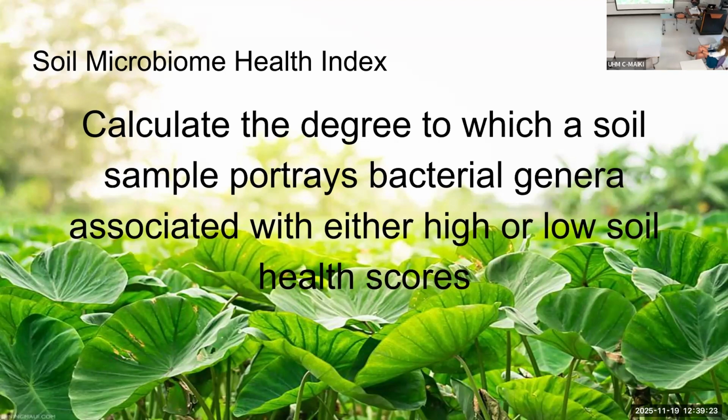So for one sample, we'll calculate a number without a unit, similar to a scoring function, that will tell us if the microbial community of that one soil sample resembles a community of samples that have high or low soil health scores. This idea is still being developed, and we're working on it.